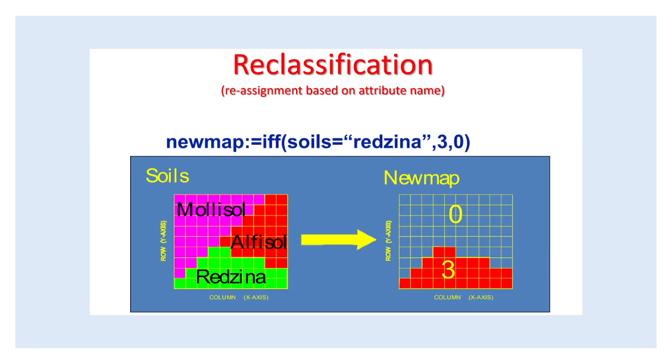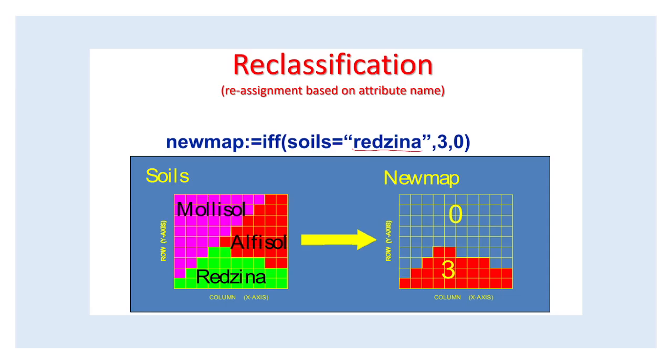So here the reassignment is based on attribute name. Okay, so the new map should only have the reclassification done such that, in order to generate a new map, if the soil map equals red xena, we are only focusing on this one.